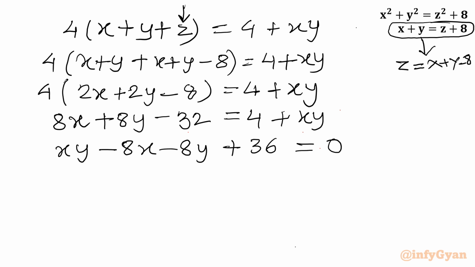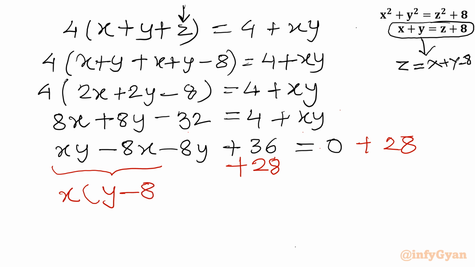Now I will add 28 to both sides. Why is it so? See here, if I take x common, then it will become y minus 8 in the bracket. Once I add 28, this will become minus 8y plus 64.